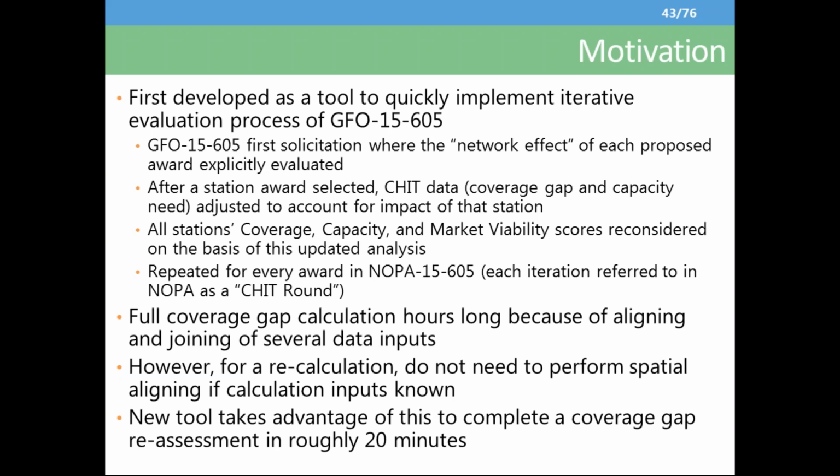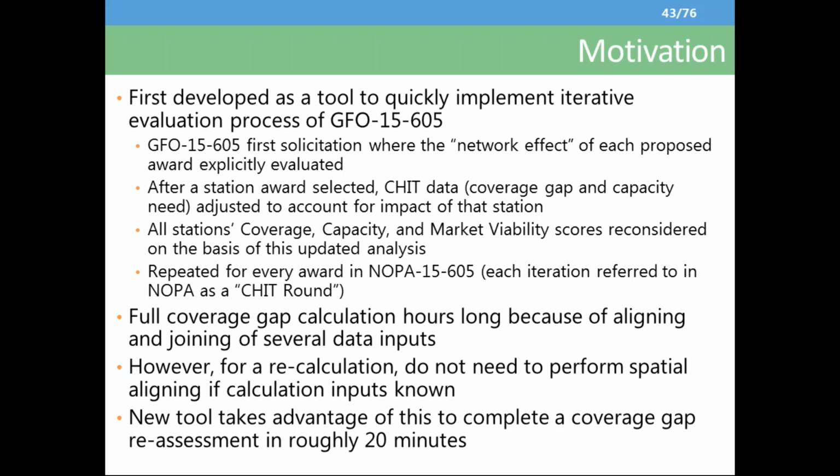So essentially the first station was selected, and then its effect on the network, its effect on location values and capacity needs around it was reevaluated through CHIT, and then that information was reconsidered by the scoring group, and then on, and that iterative process continued so that we made sure we weren't essentially clustering stations too much where they didn't need to be clustered, and that we were actually taking into account what the new network would look like with each selection of stations.